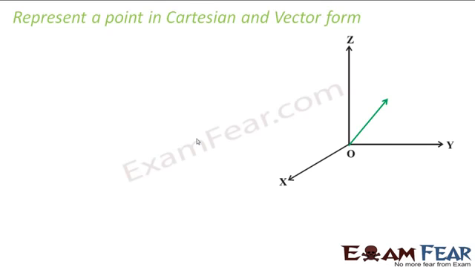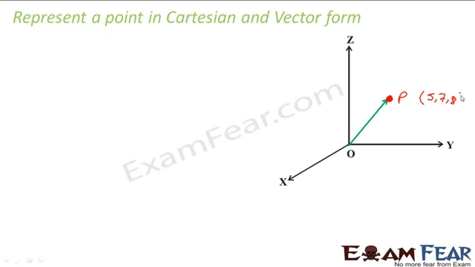Let's see how we represent a point in Cartesian and vector form. So I have a point. This is my point P, let's suppose. Not a line, only a point. This is my point P. I want to represent this in Cartesian form. And let's suppose the value of x, y, z is here 5, 7, 8.